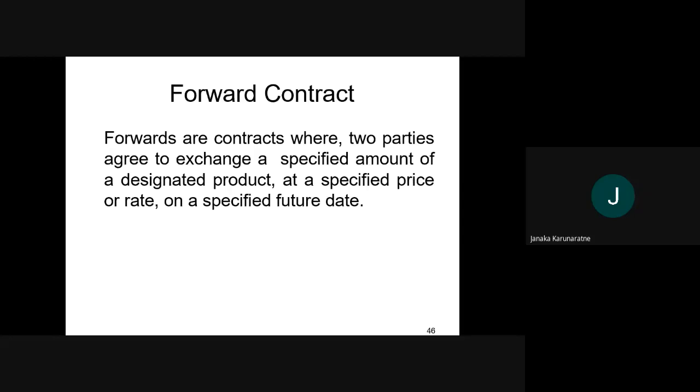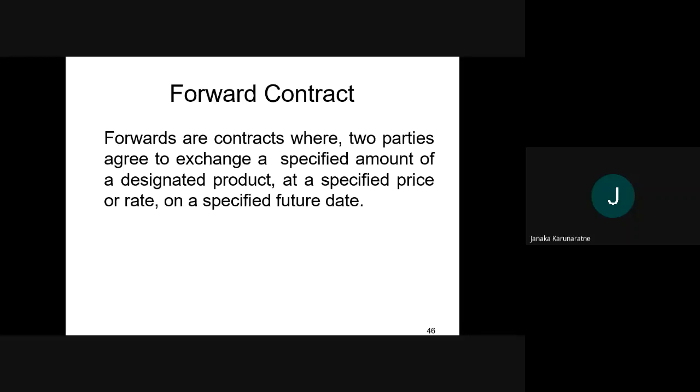I think we already mentioned that futures and forwards are basically the same concept. These are contracts where two parties agree to exchange a specified amount of a designated product at a specified price or rate on a specified future date, with execution in the future.